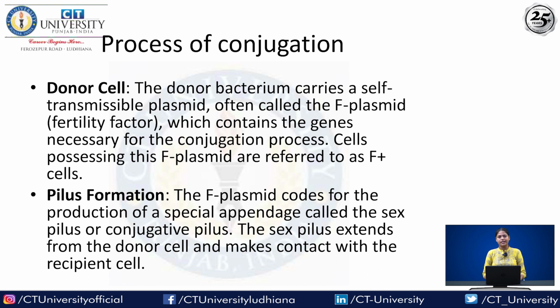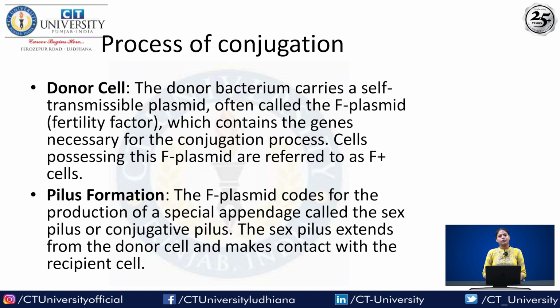We always indicate the donor with F positive and the recipient with F negative. So let's introduce the process of conjugation. Firstly, the donor cell is also known as F positive, because F positive indicates the presence of plasmid as well as bacterial chromosome in the bacterial body.